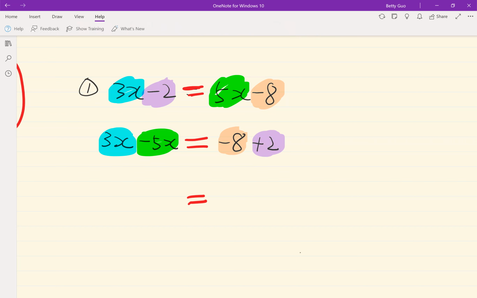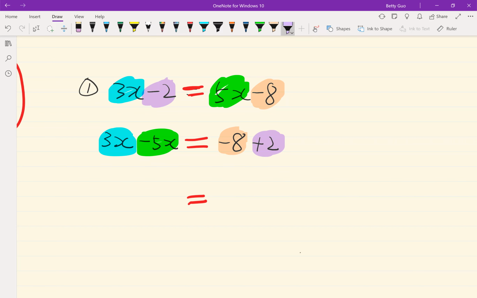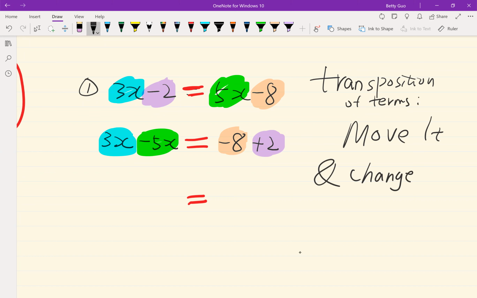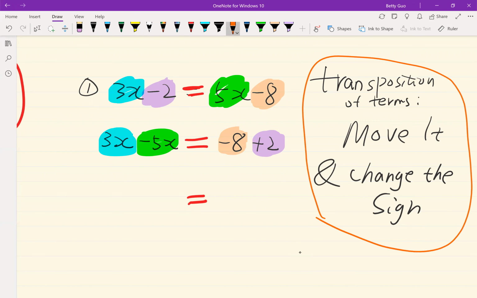The technique is called the transposition of terms. Doesn't matter, you can move them around. How do you apply the technique? You move it and you change the sign. Okay, let me explain again. Very convenient.